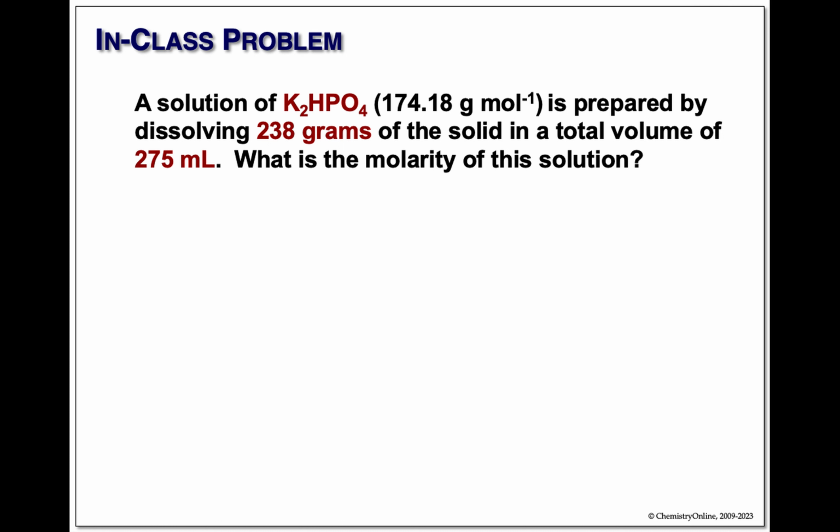Here's one more. Potassium hydrogen phosphate, 238 grams, 275 milliliters. Again, set up the equations for me.